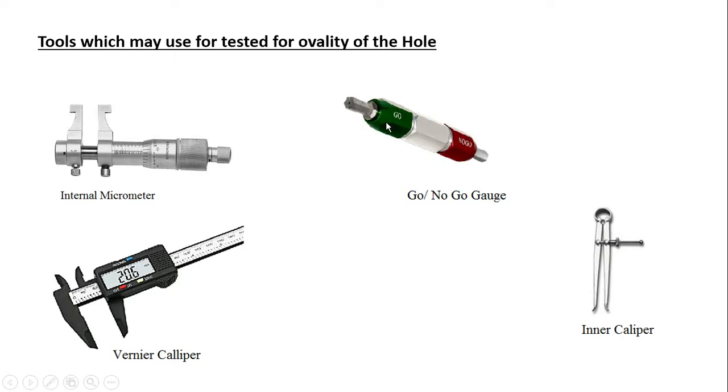If it goes easily, then that is the go, and if it does not go easily, then it is no go, right? Whichever passes easily, we consider its diameter, which is indicated on the tool. So it's a quick and accurate method to find out the internal diameter of any hole.